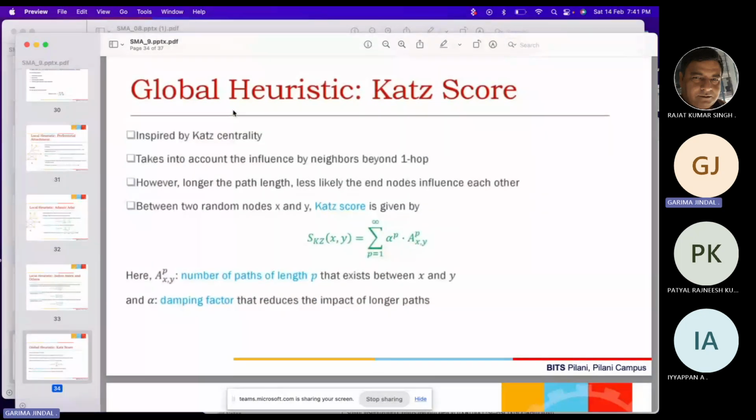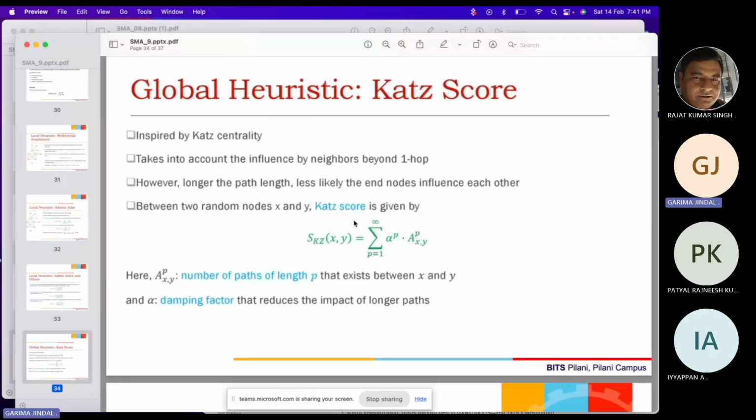Then in the global heuristic method, we have seen the Katz score. It basically considers the number of paths, and the length of the paths, that are there between a pair of nodes.